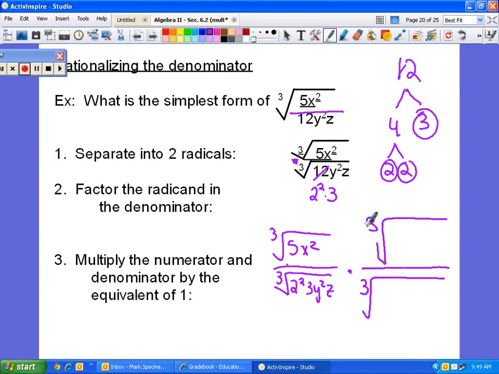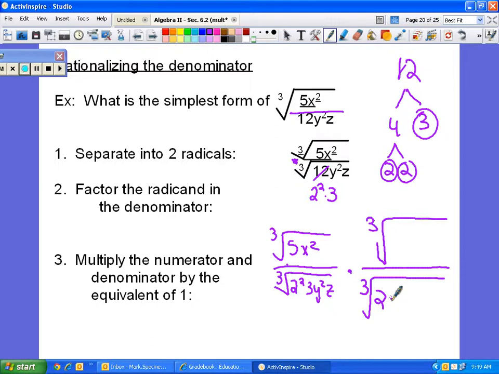What I mean by that is, I have how many 2's here? 2 to the second power is how many 2's? Not the answer. How many 2's is it? 2. How many 2's do I have to add to that to make 3? 1. So I'm going to multiply this by 2. And I'm going to do that for each thing in my denominator. So if I have how many 3's here?